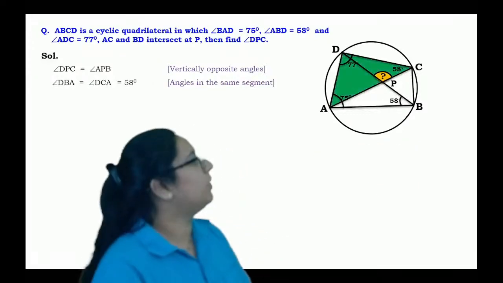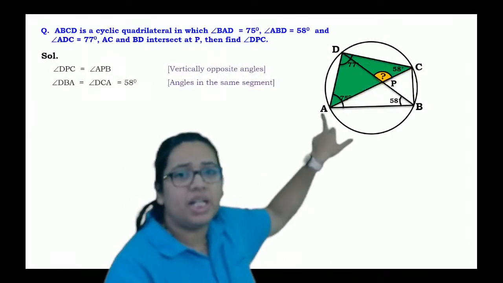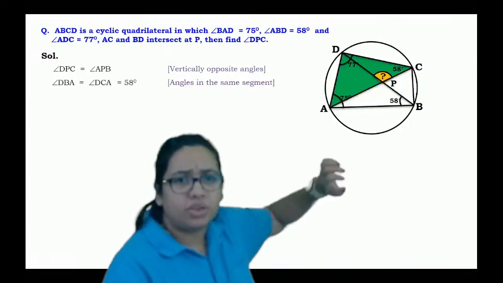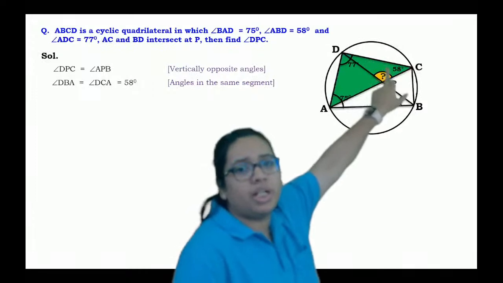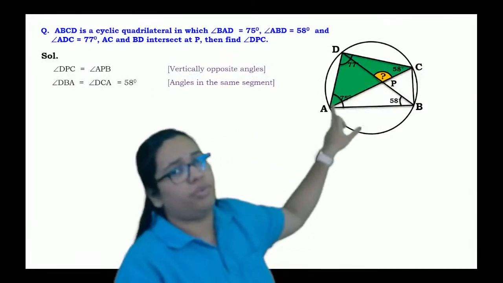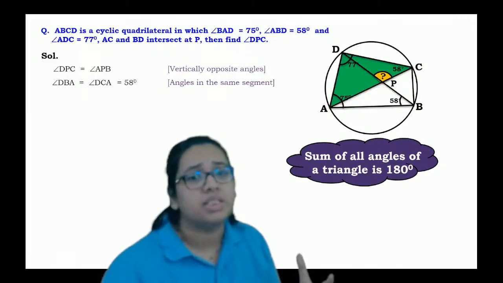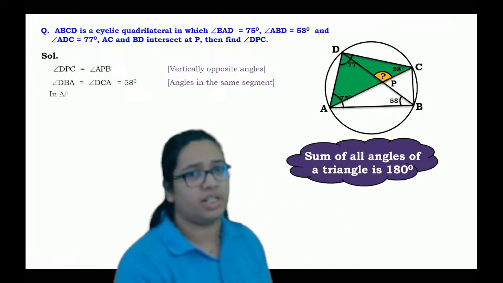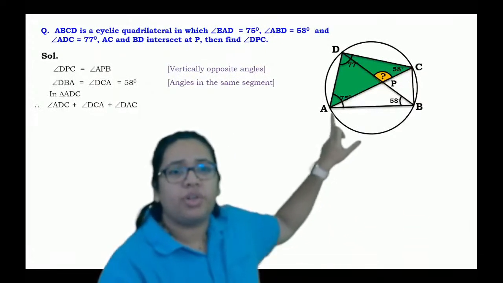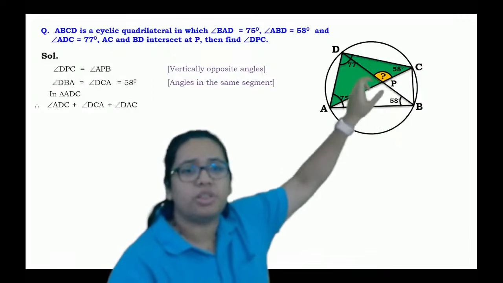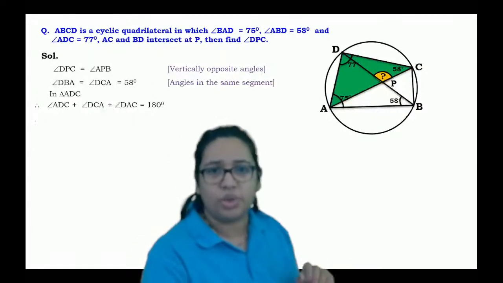Okay. Now we'll just talk about this triangle. We'll talk about the triangle ADC, because here I have the value of D and I have the measure of angle C. You just have to find out what will be the value of the remaining angle. So for that we are using the sum of all angles of a triangle is 180 degree. So in the triangle ADC, measure of angle ADC plus measure of angle DCA plus measure of angle DAC is equal to 180.